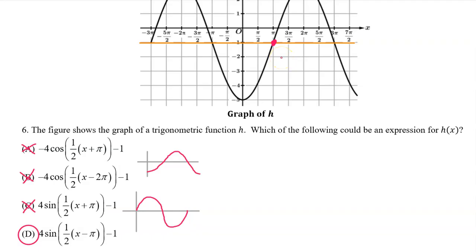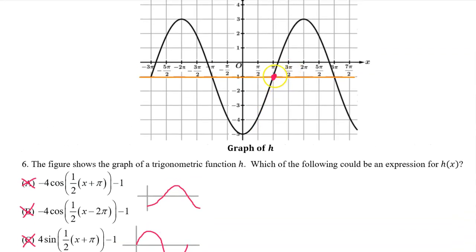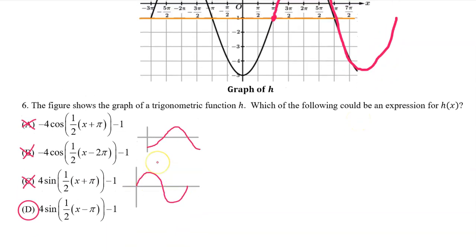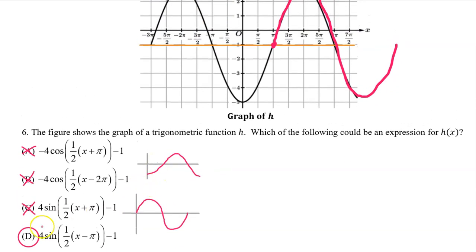And if I trace out one period starting at pi, I get a shape that looks like this. And guess what? This is the shape of a right side up sine function, which is exactly what we were looking for, confirming that option D is the answer.